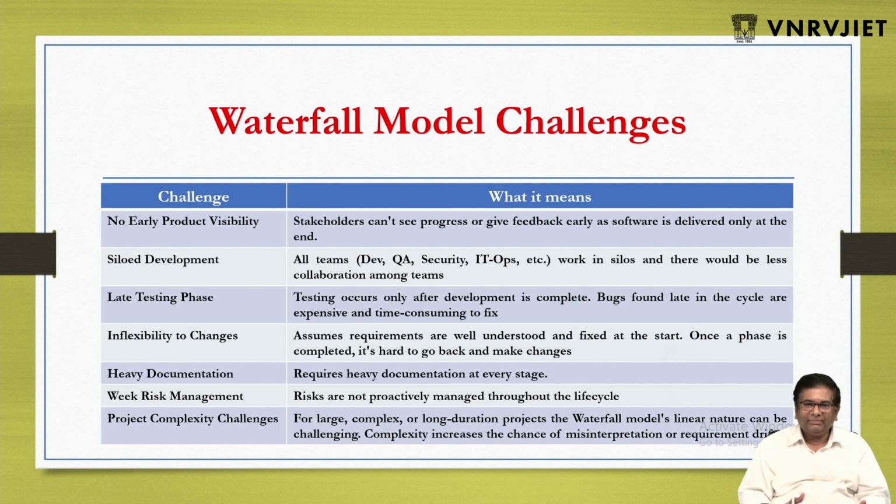That's a problem, because stakeholders cannot see the progress or give feedback as early as software is delivered. Until the end, they don't have any say or any clue on what's going on. If there are any changes that they want to incorporate, they can't do that.